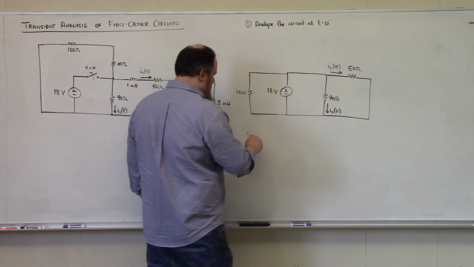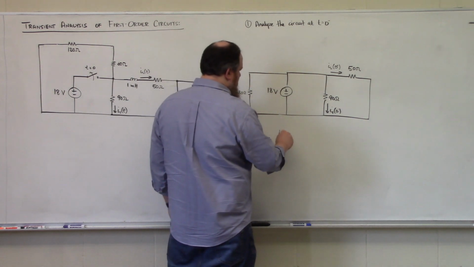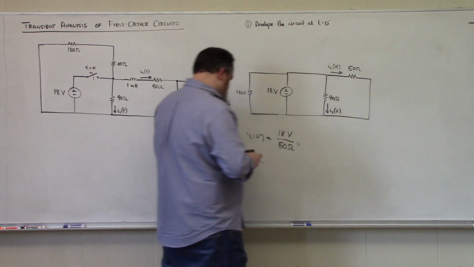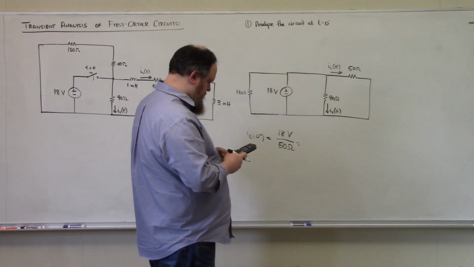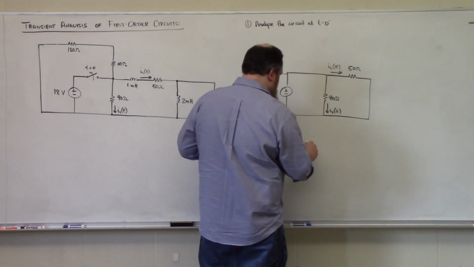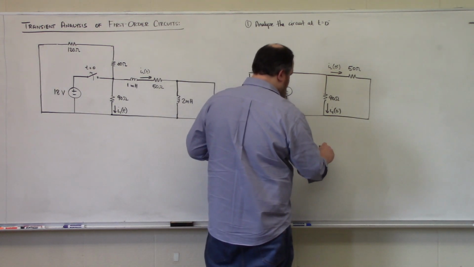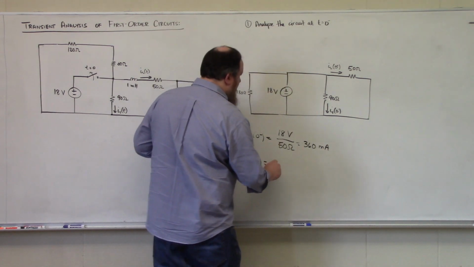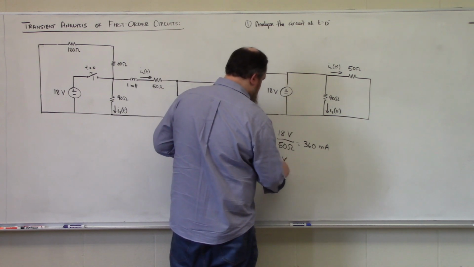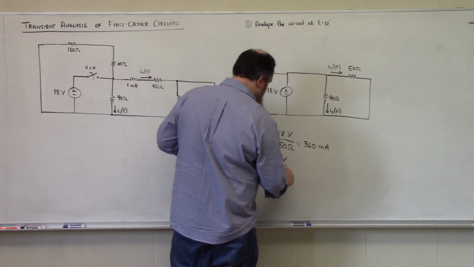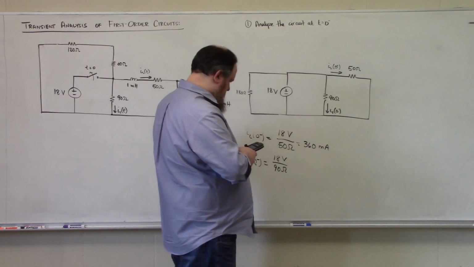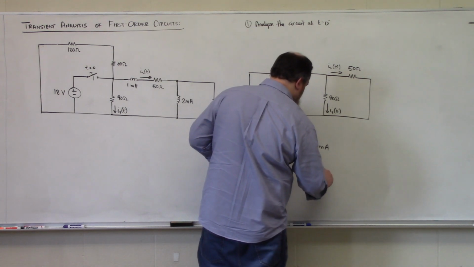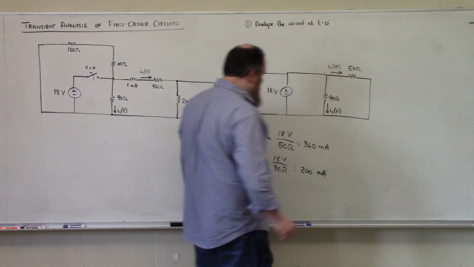So IL at 0 minus will be 18 volts divided by 50 ohms, which is 360 milliamps, and I1 at 0 minus will be simply 18 volts divided by 90 ohms, which is 200 milliamps.